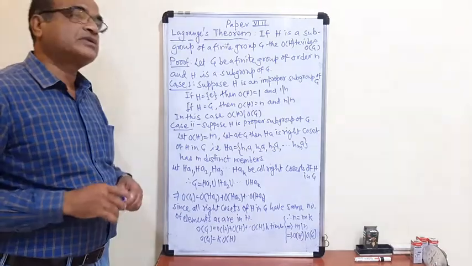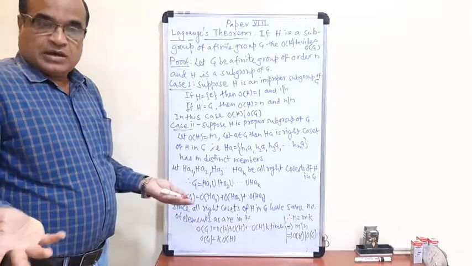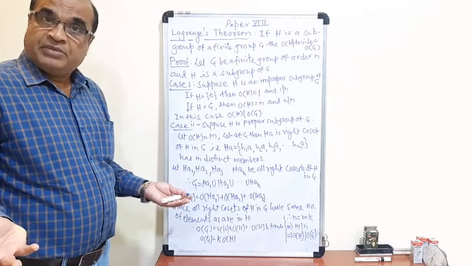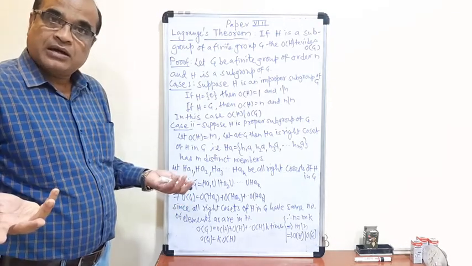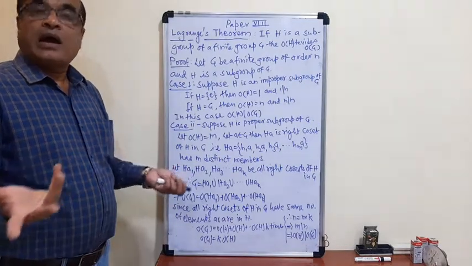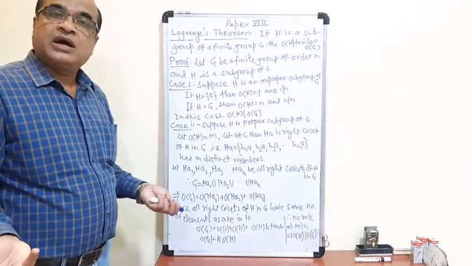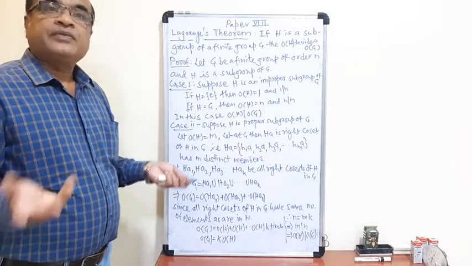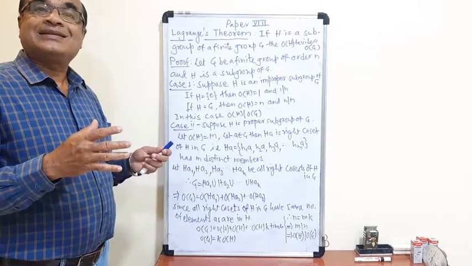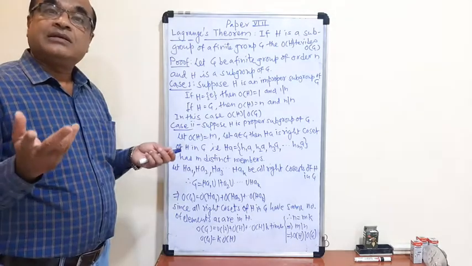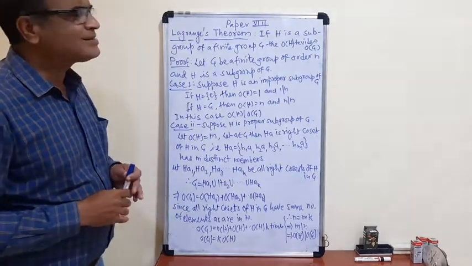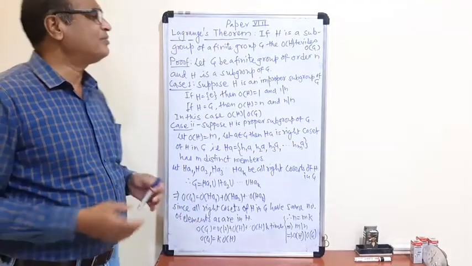So the algebraic structure (G, star), where star is a binary operation and G is a non-empty set, satisfying closure, associativity, existence of identity, and existence of inverse, is called a group. That is the definition of a group.